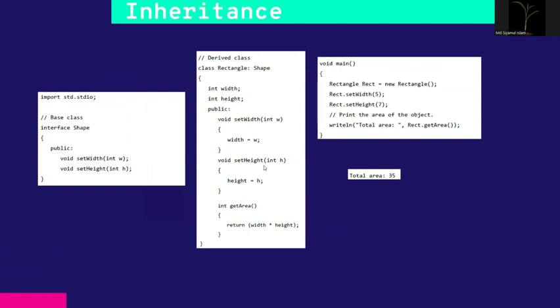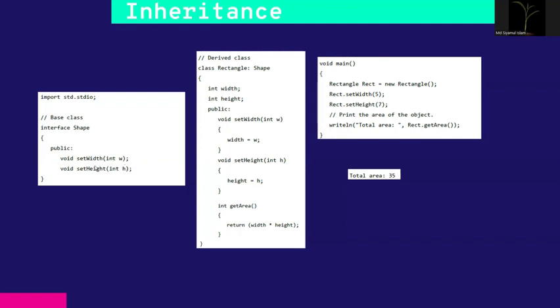Then we are going to use the interface. In an interface, there is a similar concept to inheritance, but here there is only the function name and declaration. So this is a base class.